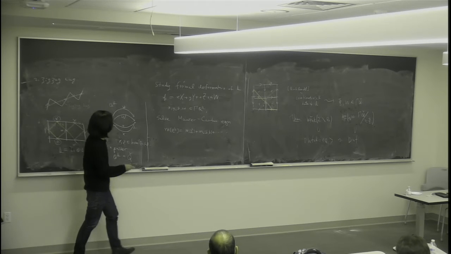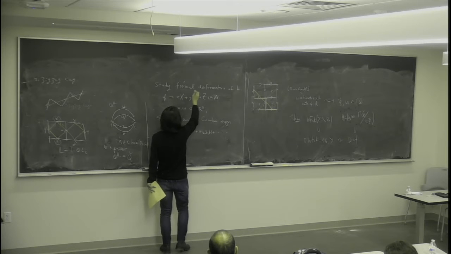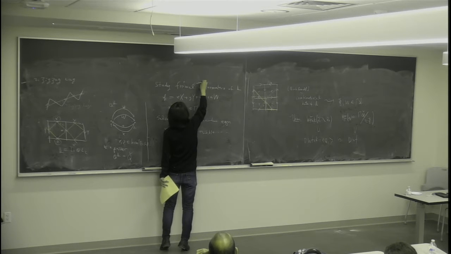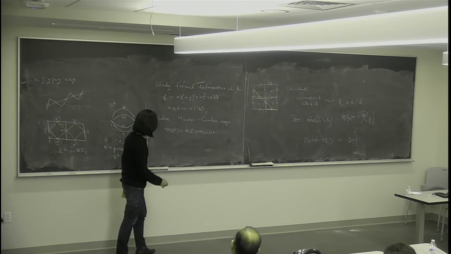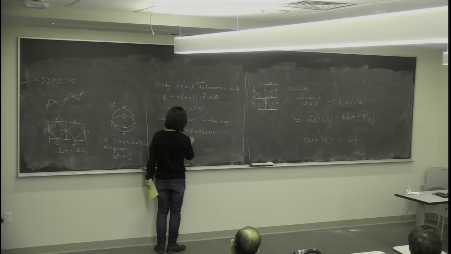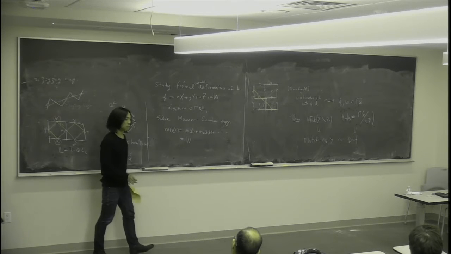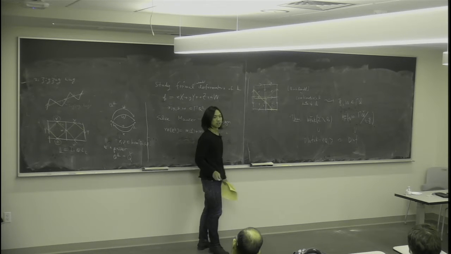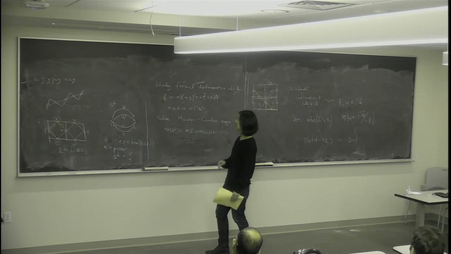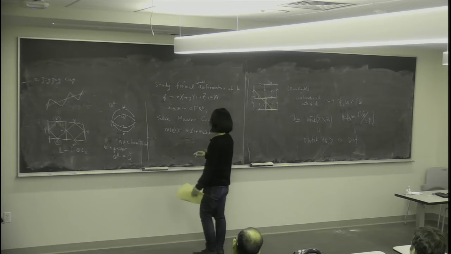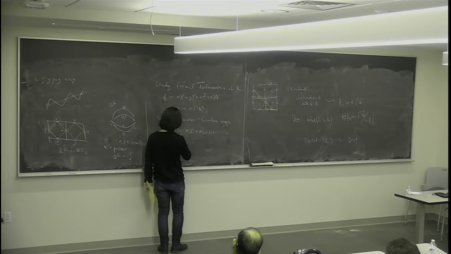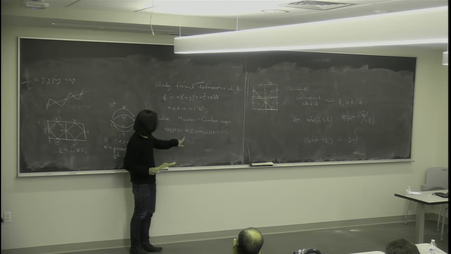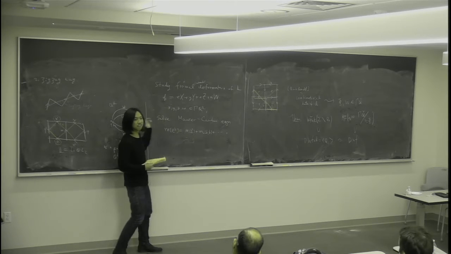But here I'll study a formal weak deformation of Lagrangian. Originally I should put m_0 here as well, but in this example we don't have m_0.